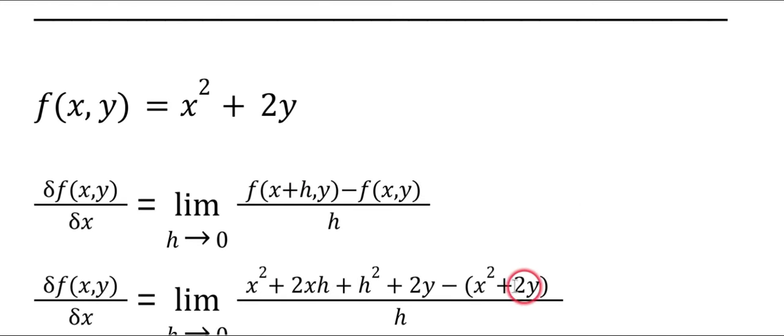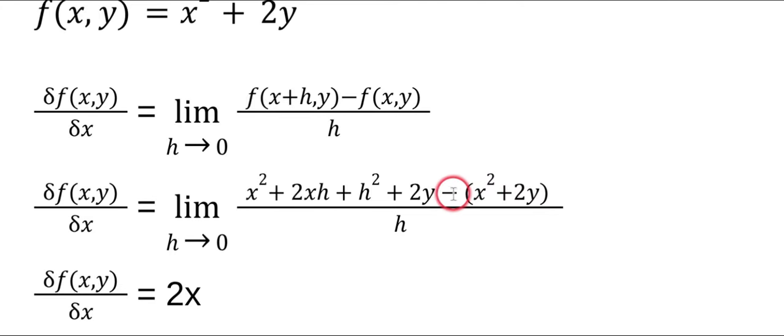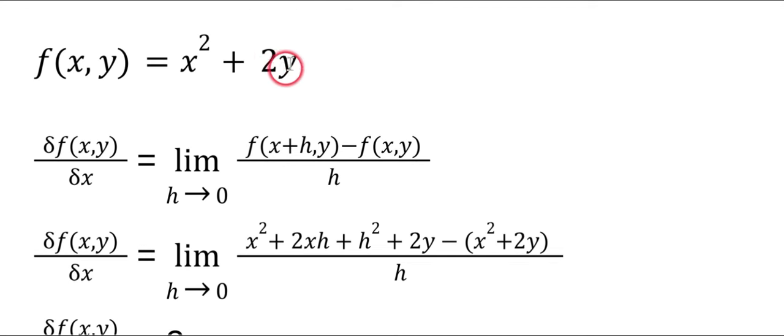We plug in everything that we had, but now we've got all these extra terms in here. But look at this. There's a negative sign, so that x squared takes out that, and this negative 2y takes out that. We're left with the same thing we had, 2x. So this doesn't get involved in the derivative because you're taking it with respect to x.